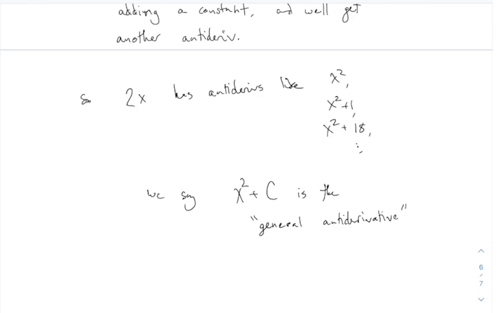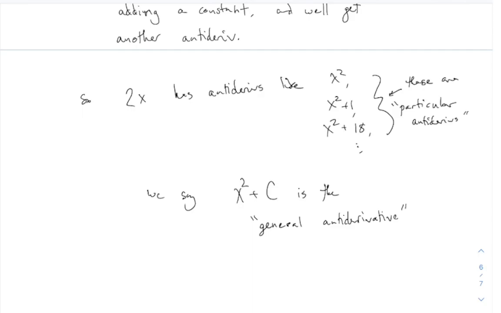Whereas these ones individually are called particular antiderivatives. They're ones which just have a particular value for the constant in there. Yeah. For that specific, like 2x, you also say x squared minus c because any constant?